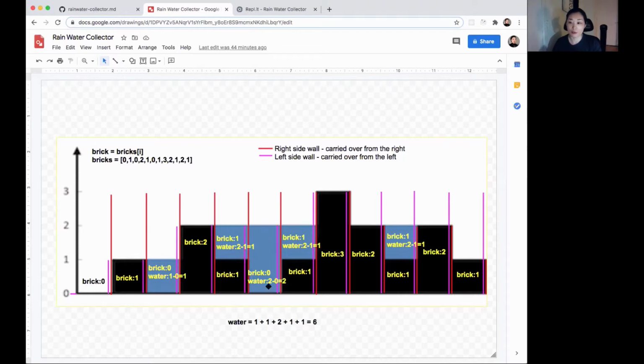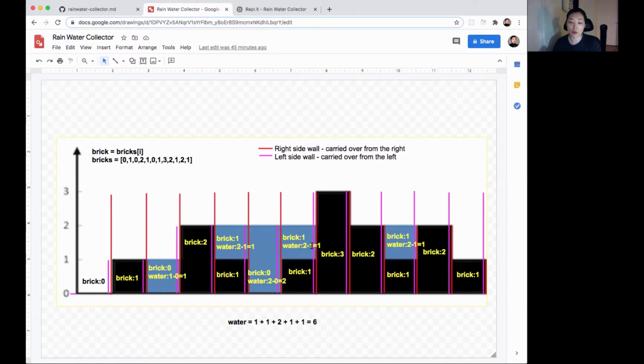The third and fourth blocks of water, however, are collected by subtracting the height of the current brick, which is 0, from the height of the taller brick next to the brick on the left, which is 2. So 2 minus 0 is 2. We have 2 blocks of water. The fifth block of water is collected by subtracting the height of the current brick, which is 1, by the same height of the brick from the previous calculation, which is 2.